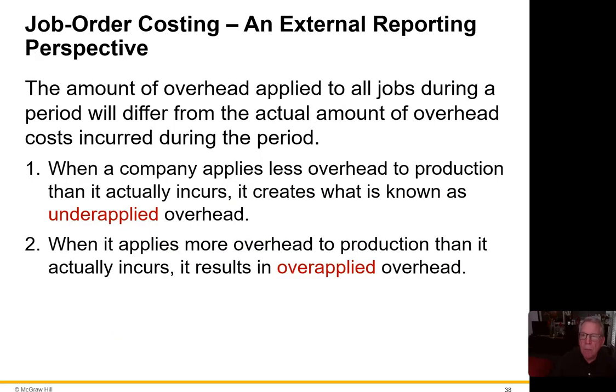Okay, now, from an external reporting perspective, the amount of overhead applied to all jobs during a period will differ from the actual amount of overhead costs incurred during the period. When a company applies less overhead to production than it actually incurs, it creates what is known as under-applied overhead. And when it applies more overhead to production than it actually incurs, it results in over-applied overhead.